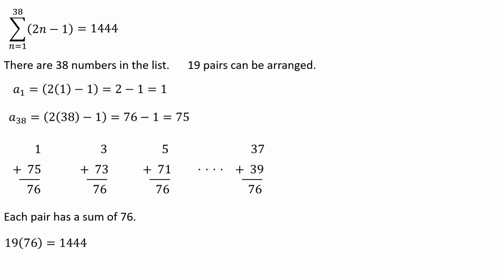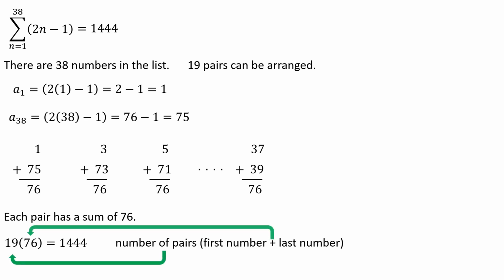So what I need to know to find the answer is the number of pairs, and I need to multiply that by the sum of the first number plus the last number, right? Because if I can get the first number and the last number, I know what every pair is going to add up to. So I only need two things: the number of pairs, and the sum of the first and last number.